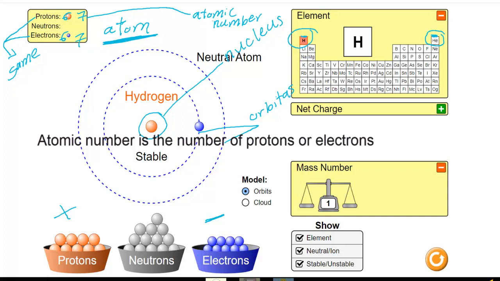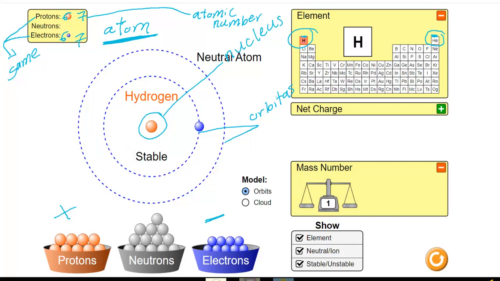That's what we call the atomic number. So what is the atomic number? It is the number of protons or electrons, which is the same.